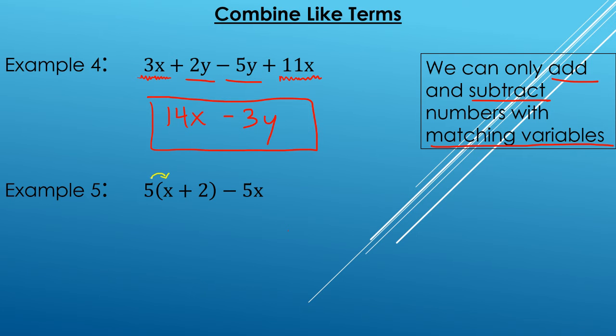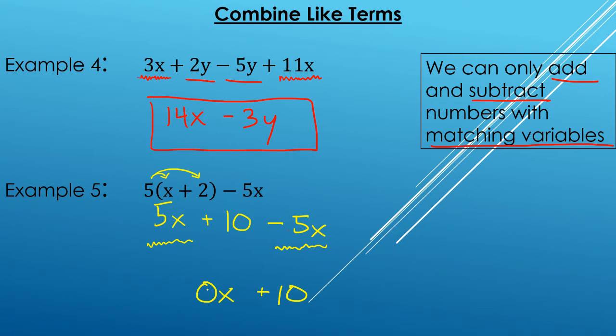So 5 times x and 5 times 2. We're going to multiply that 5 to everything in the parentheses. So 5x, 5 times 2 is plus 10, and then we have to bring down that minus 5x. Okay, now look for your like terms. Here's an x number and another x number. 5 minus 5, 0. 0x.